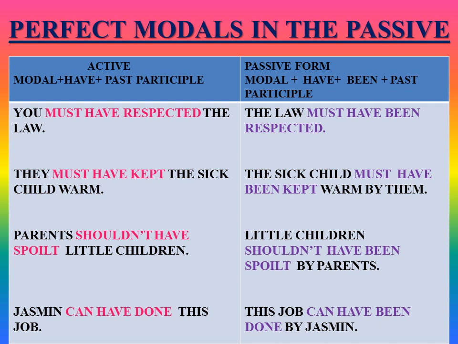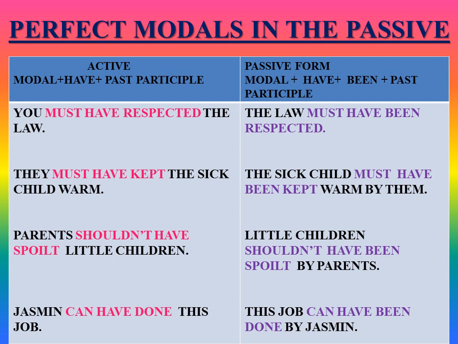The sick child must have been kept warm by them. Parents shouldn't have spoiled little children. Little children shouldn't have been spoiled by parents. Jasmine can have done this job. This job can have been done by Jasmine.